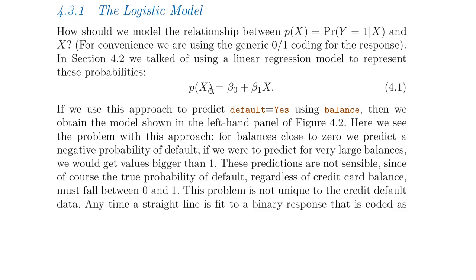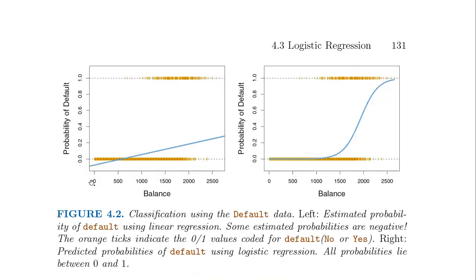The probability of default given X is equal to something in some relationship with X in the expression describing the relationship. If we use this approach to predict default equals yes, using balance, then we obtain the model shown in the left-hand panel. This is what we discussed earlier.